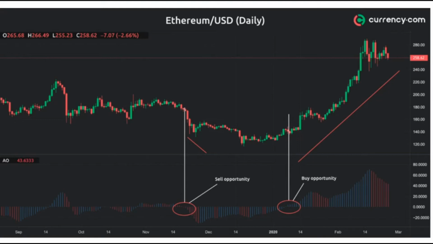Thus, when the histogram moves above the zero line, it indicates that bullish forces drive the market, and Awesome Oscillator values below the zero line point toward bearish momentum.